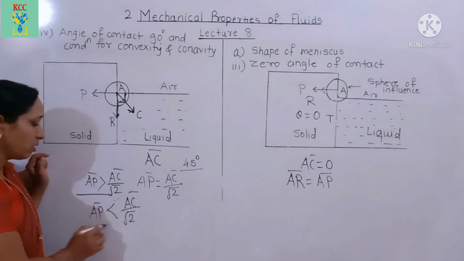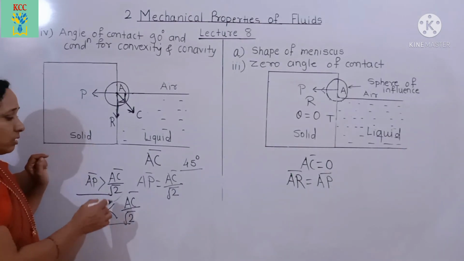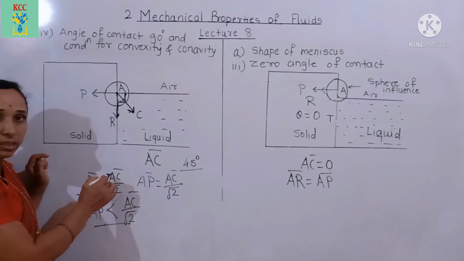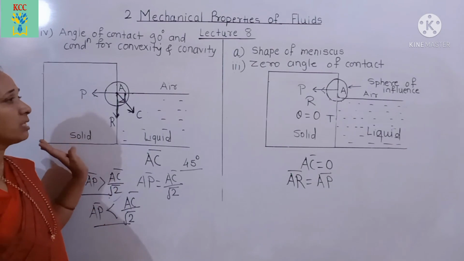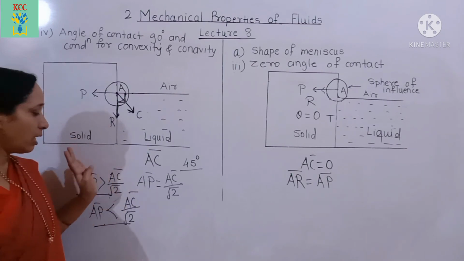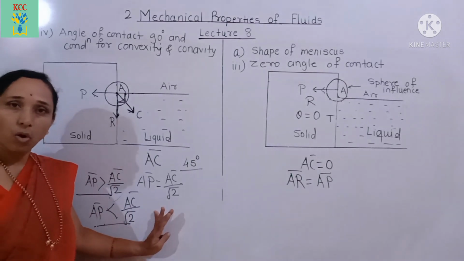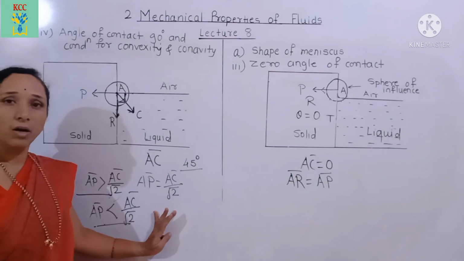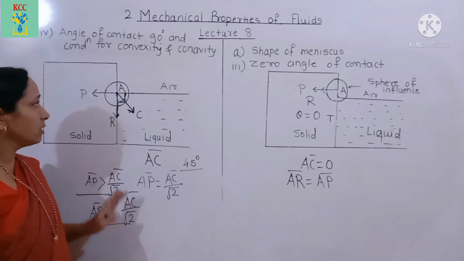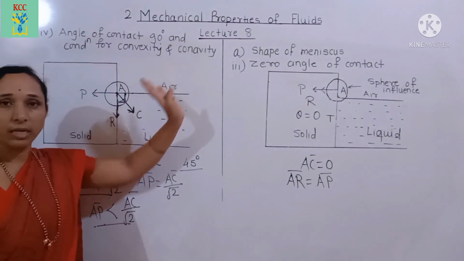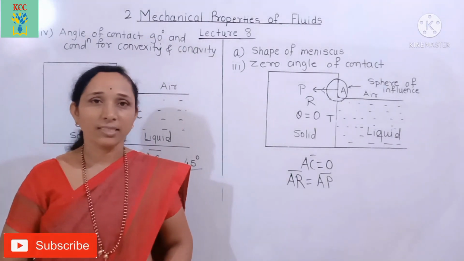This is the condition for concavity and convexity. Here, if AP bar is greater than AC bar upon under root 2, then theta is an acute angle and the surface is concave. And if AP bar is less than AC bar upon under root 2, then theta is an obtuse angle and the surface is convex. These are the conditions for convexity and concavity. हे आपण पाहिलेले आणि बाकीचे पॉइंट आपण नेक्स्ट लेक्चर मध्ये पाहू.